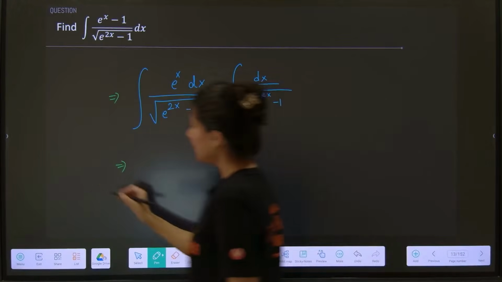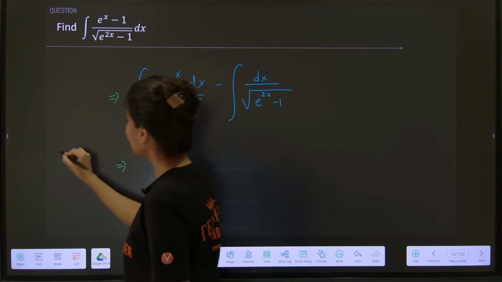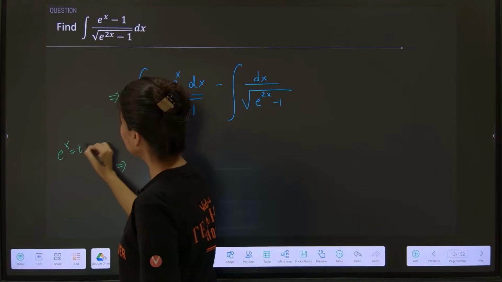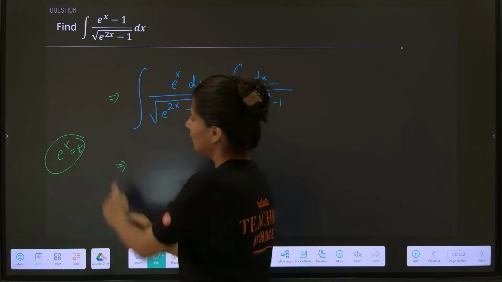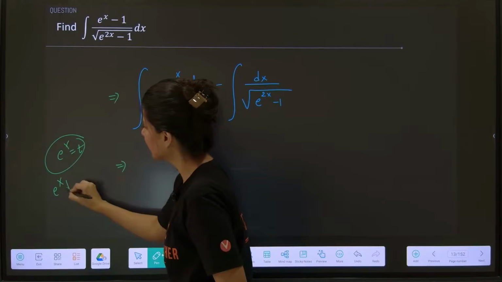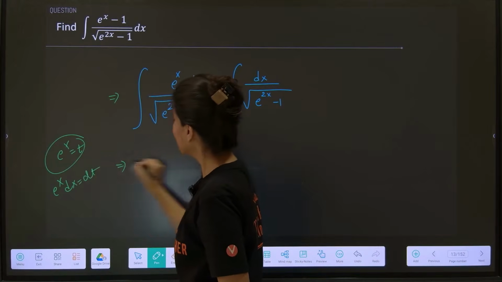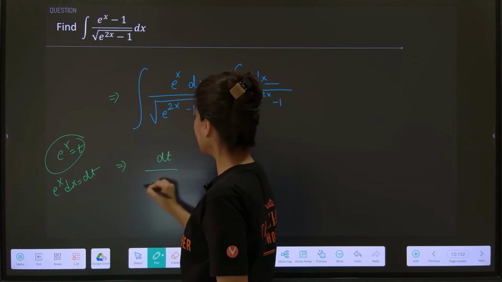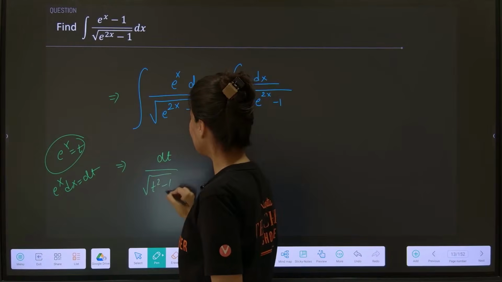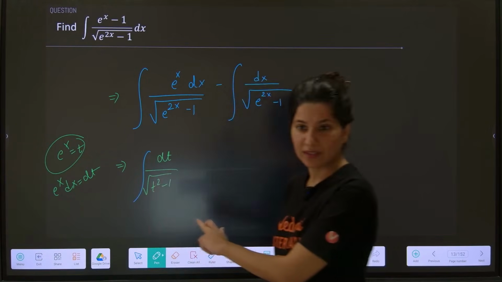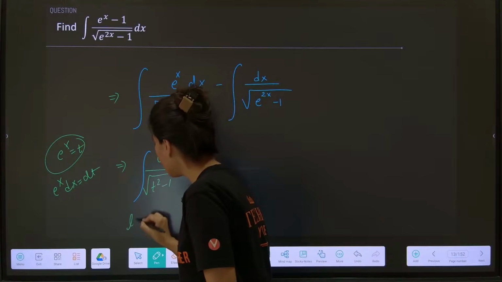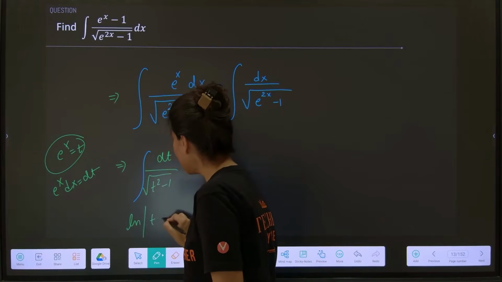Okay. So this is e power x whole square. So I am putting e power x equals t for this one. So e power x dx will become dt. So this is dt upon square root of t square minus 1. I think we can do this, right? This is log of mod of t plus, copy paste.